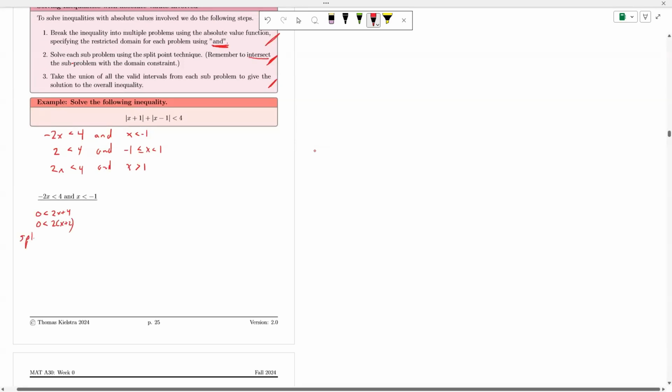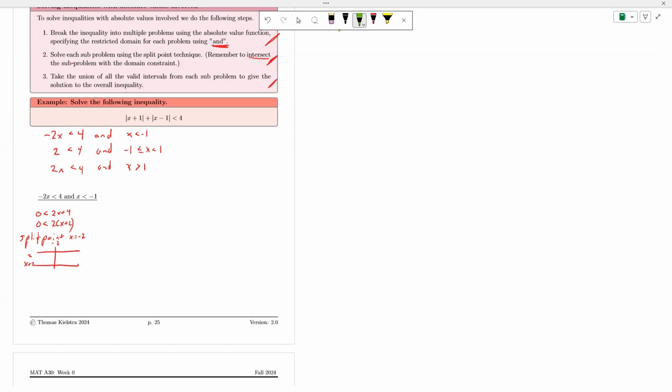My split point is x equaling -2. Drawing the sign chart for 2x + 4: negative, 0, positive. And my overall line is going to be x greater than -2.